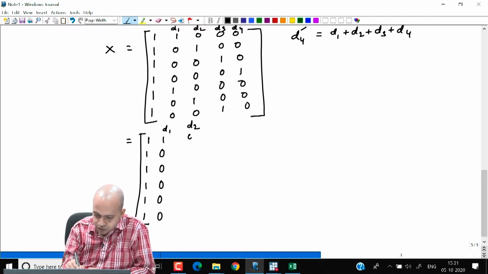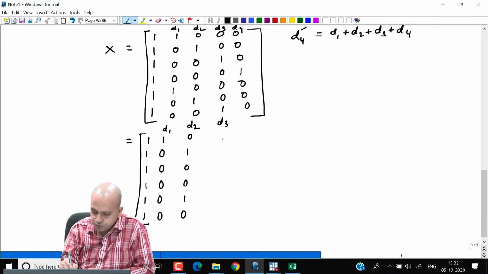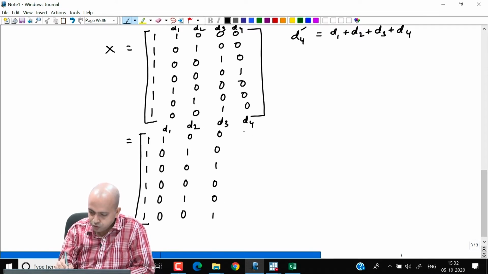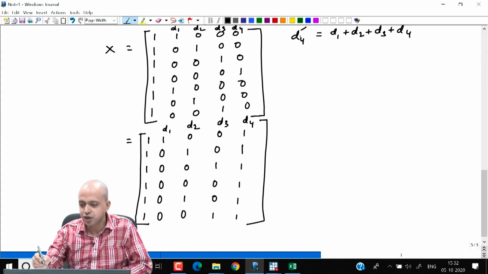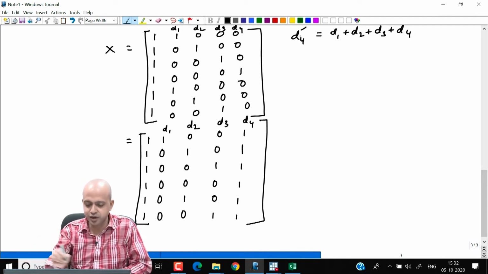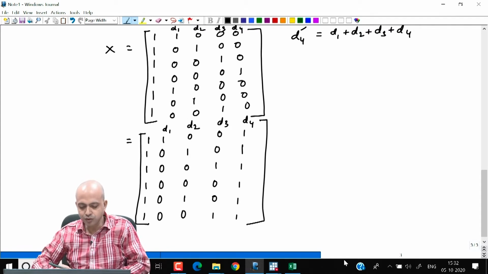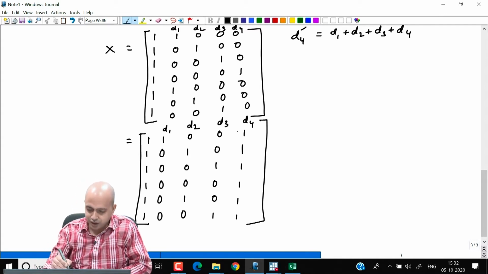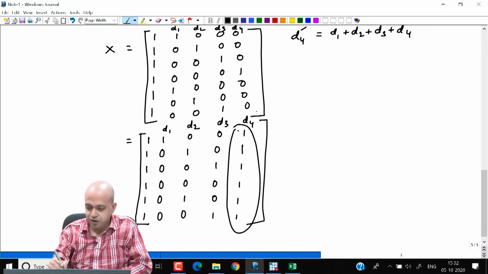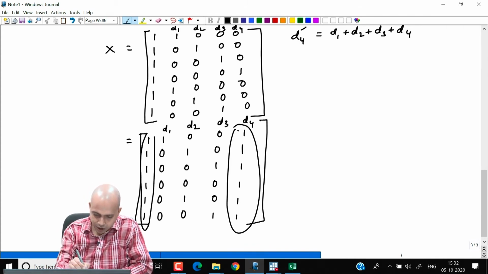D2 would be 0 1 0 0 1 0, then D3 would be 0 0 1 0 0 1, and then D4 would now be 1 1 1 1 1 1, because I have changed D4 into D1 plus D2 plus D3 plus D4, and if you take the summation, it will become 1 1 1. Is that fine?